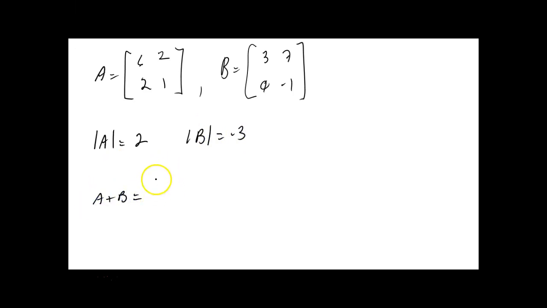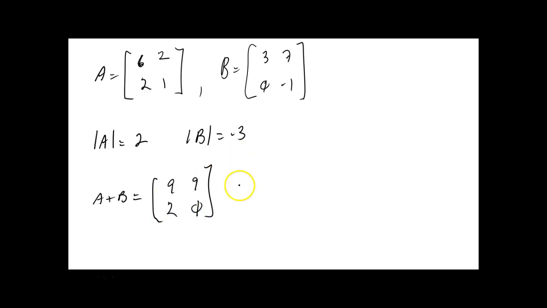Can you add those two? Sure, okay. That is a 6. What is that new matrix? 9, 2, 0.